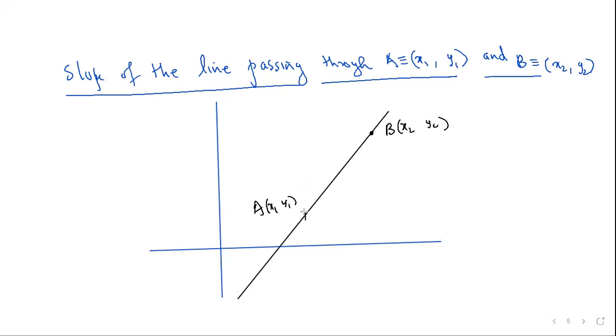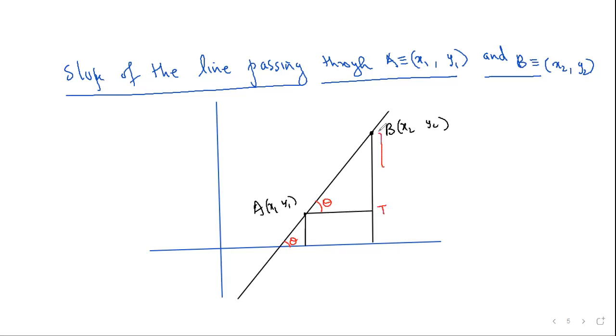Then draw one perpendicular like this, another perpendicular like this, and a third perpendicular like this, and form a triangle. Show that this angle and this angle are same.